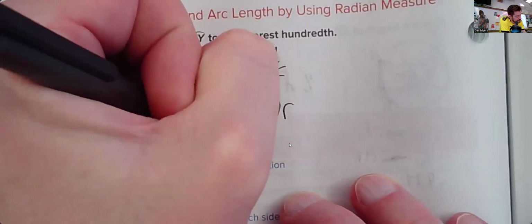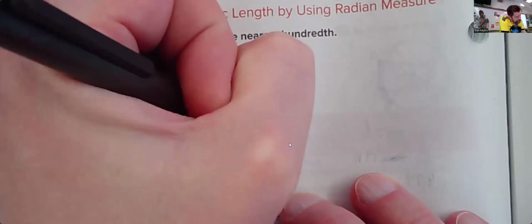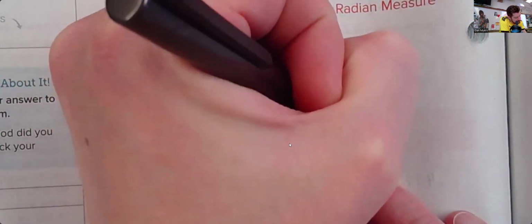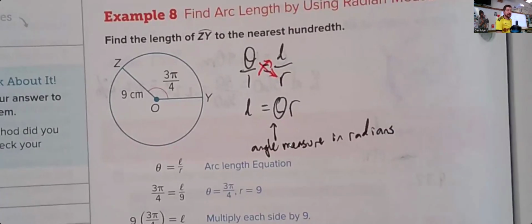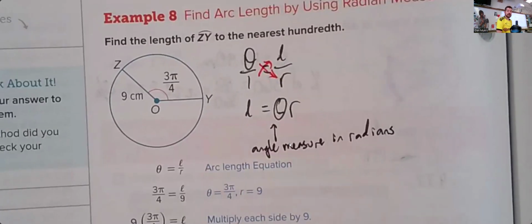So that's the angle measure in radians, multiplied by the radius, is equal to the arc length.